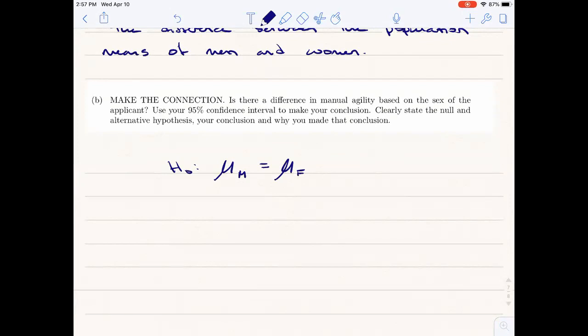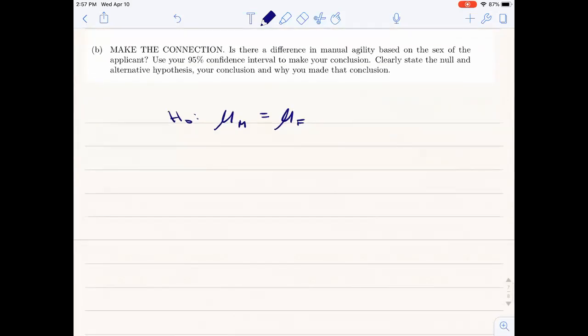You don't want to do the generic mu1 and mu2. You want to assign the groups. Our alternative hypothesis, we just want to know if there's a difference, and because our confidence interval only does the difference, a two-sided test. So we want to know if mu m is not equal to mu f.